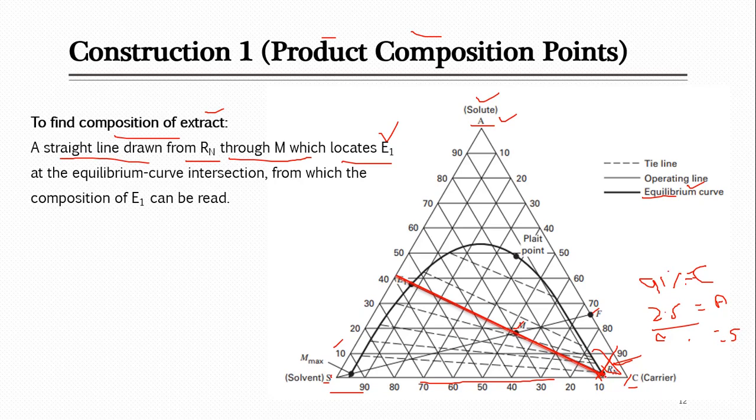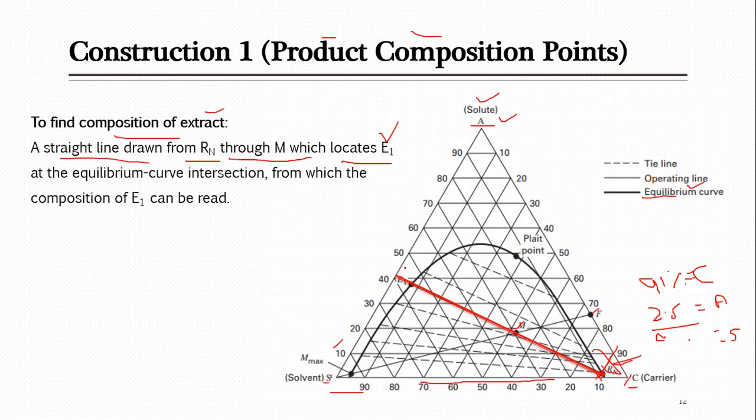You start that line from Rn, it passes through M, and then it cuts the equilibrium line on the other side, that is actually the extract side. That point will be your extract point.